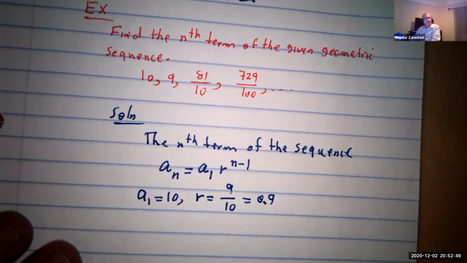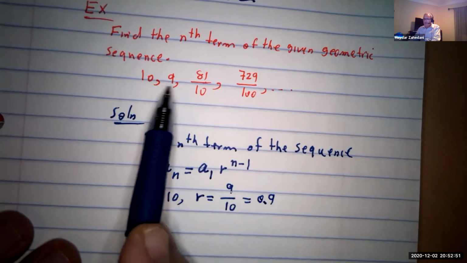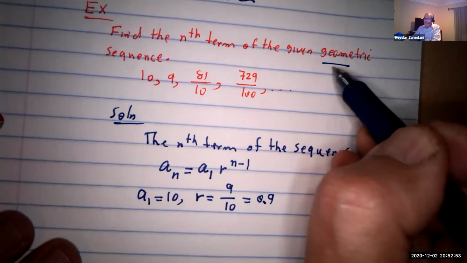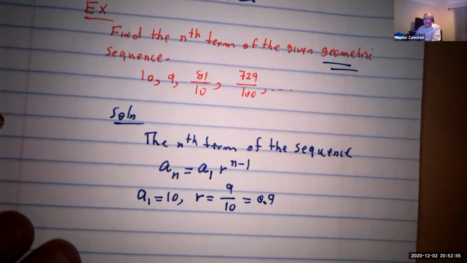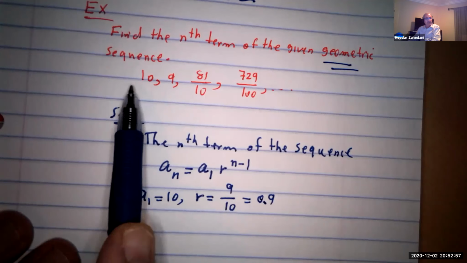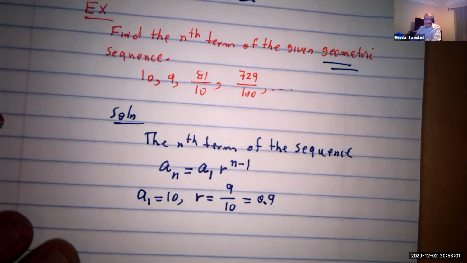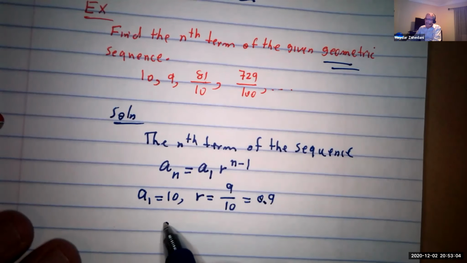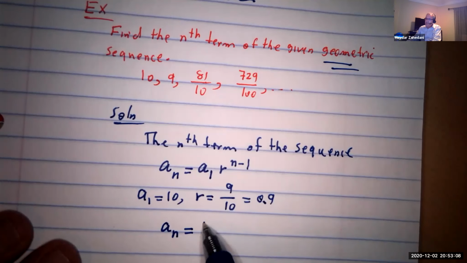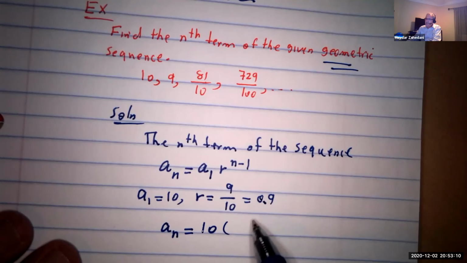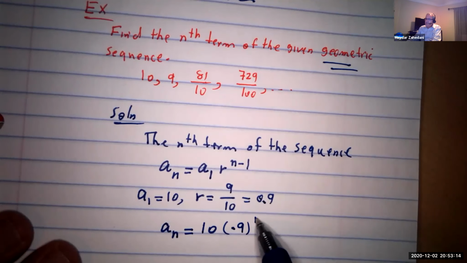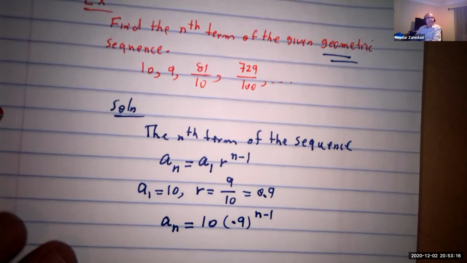Any question? It doesn't matter, because it's already giving you the information that it's geometric. So you can divide the 9 by 10, or you can divide 81 over 10 divided by 9. They'll give you the same number. So we go back and we write it. a_n is equal to a1, which is 10, times 0.9 to the n minus 1.